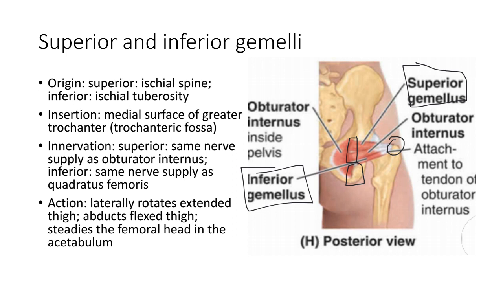For the innervation, the superior gemellus is innervated by the same nerve supply as the obturator internus, and the inferior gemellus is innervated by the same nerve supply as the quadratus femoris. The action is that both of these muscles laterally rotate the extended thigh, abduct the flexed thigh, and steady the femoral head in the acetabulum.